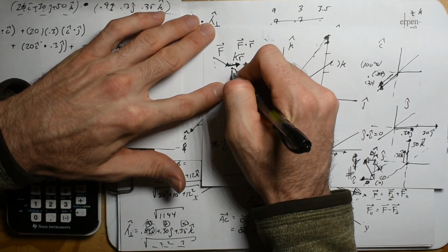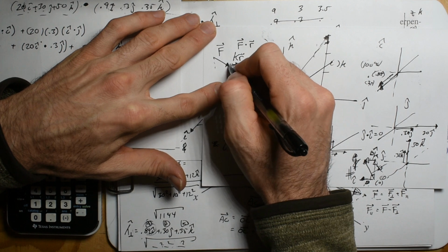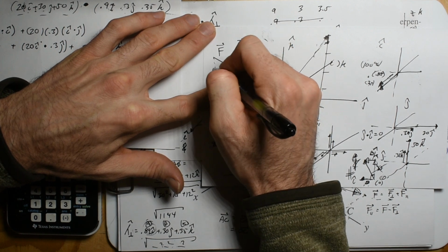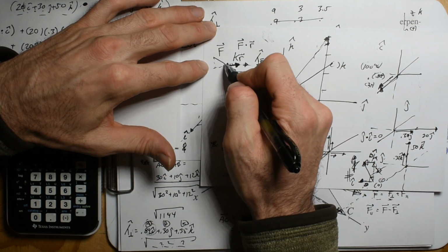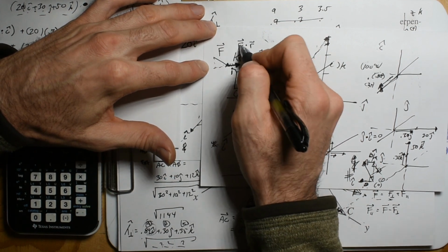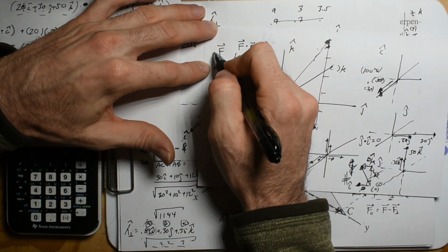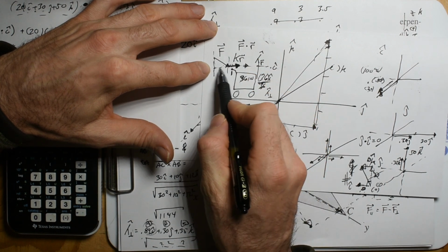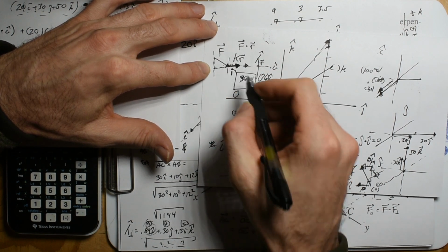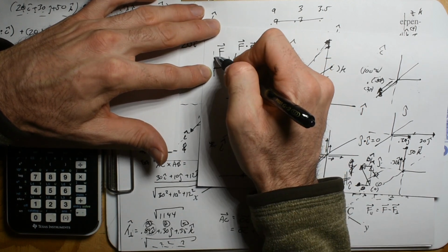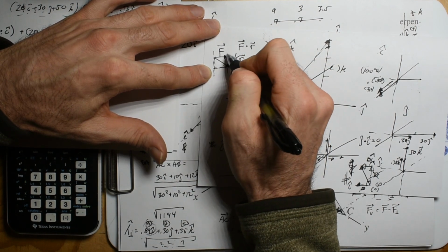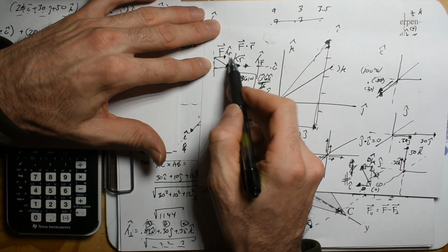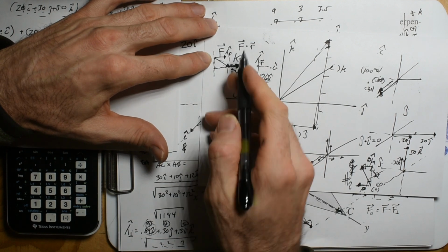So I'm going to dot these two together. This shows that this represents dotting this with this, only the horizontal. And how do you do this? Well, I would treat this as a free vector, tail to tail. So here's my unit vector in the r direction. Here's my force vector.